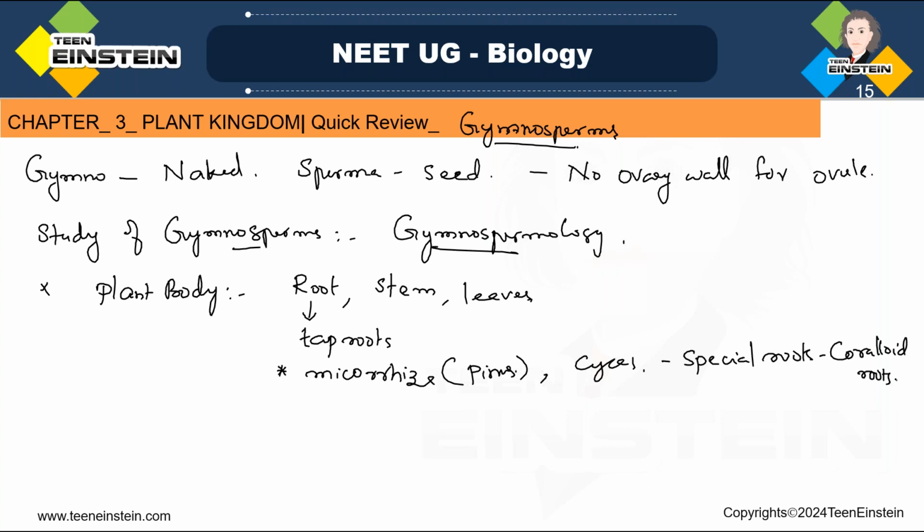These special roots are called coralloid roots. What is the function of these roots? They are associated with nitrogen fixing cyanobacteria.